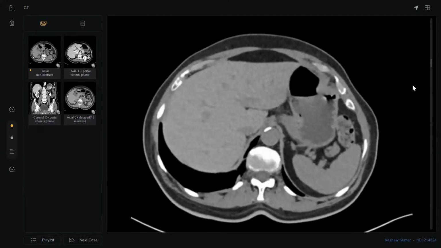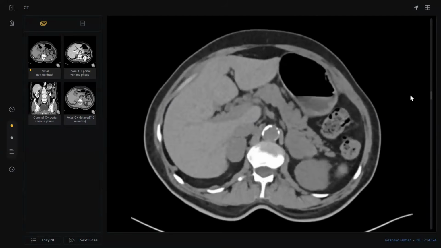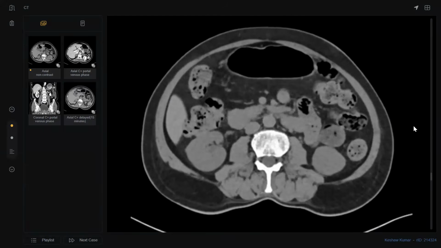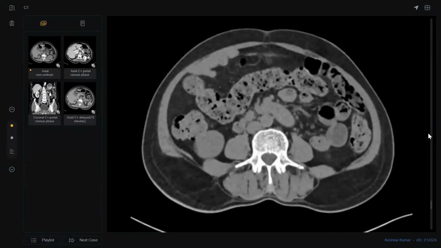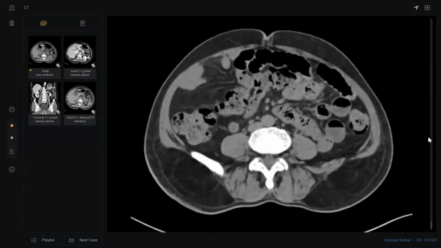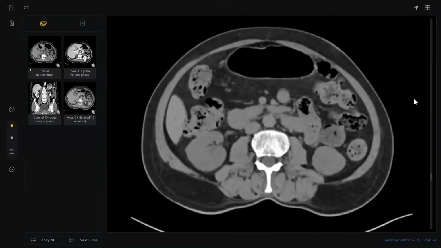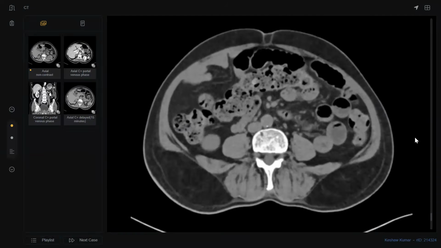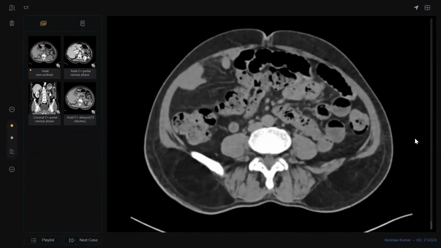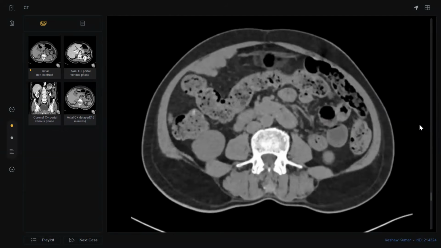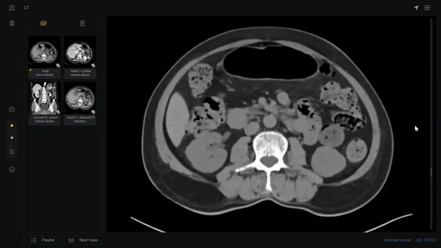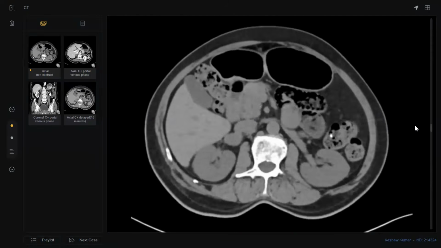Okay. Looking at the liver. Now, it's jumping, I can see. In the first scroll, I could notice there are some soft tissue density areas. So it's lagging.